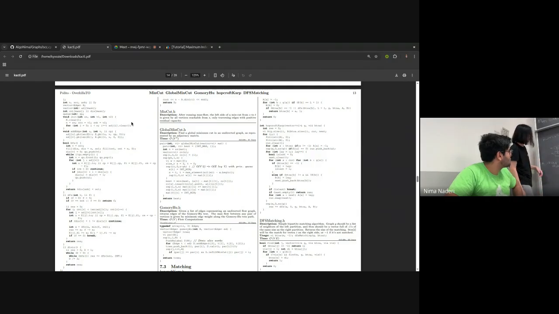Okay. Is it an equality? What is BIS, biggest independent set, let's say? Maximum independent set.